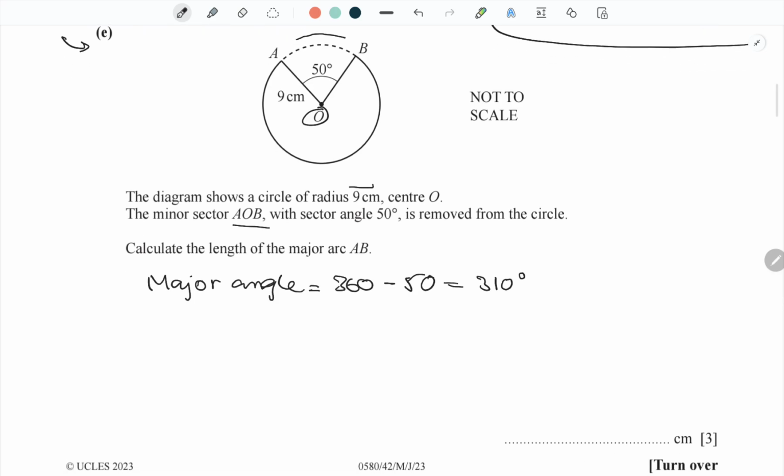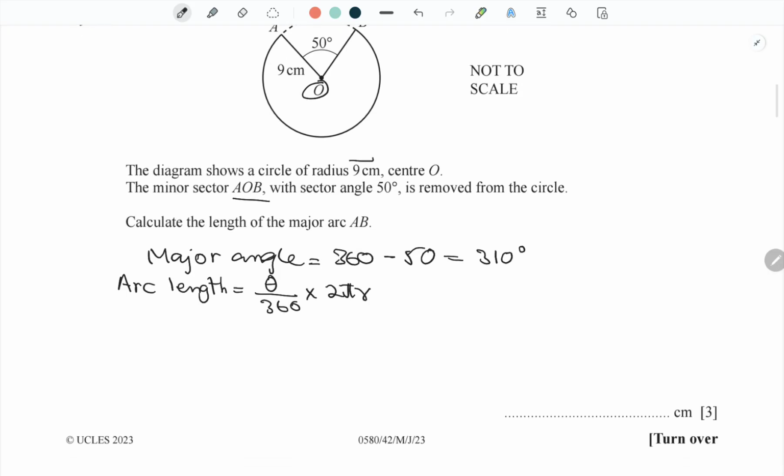Now we identify the length of an arc, so we just use the arc length formula. I hope you all students remember this formula. Arc length equals theta over 360 times 2 pi r, right? So we have theta is 310 and r is 9 centimeters.